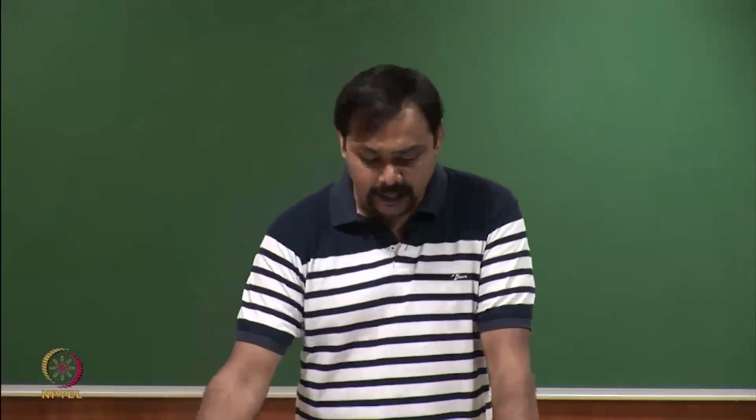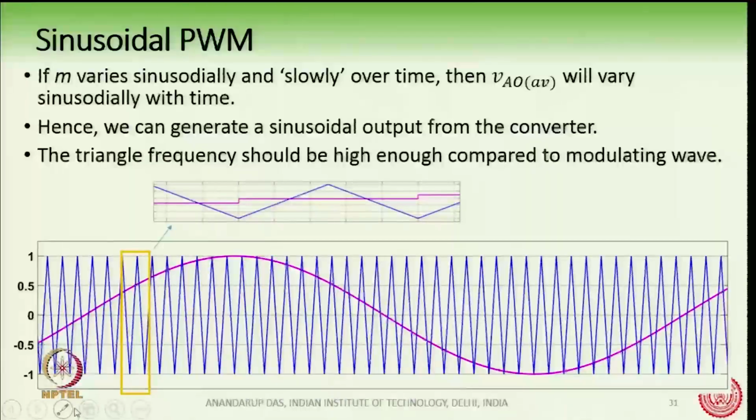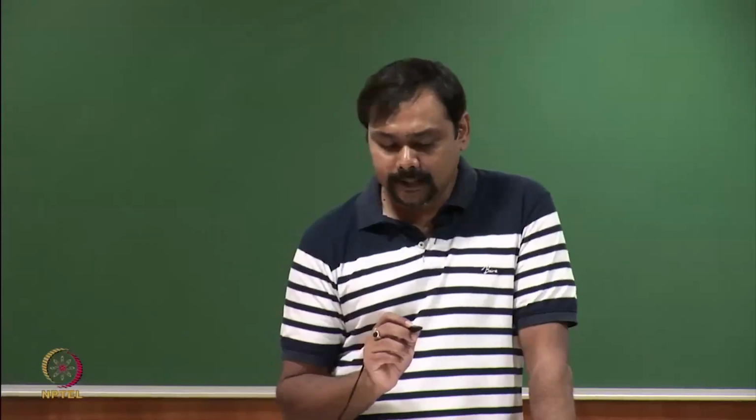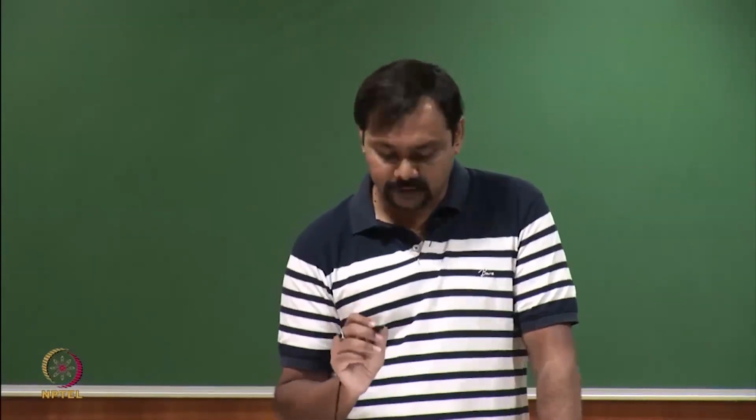In fact, yes, it can be done. For example, suppose this is the triangular waveform, and we are generating a sinusoidal waveform from the triangular wave. But from our understanding, the waveform need not be sinusoidal.